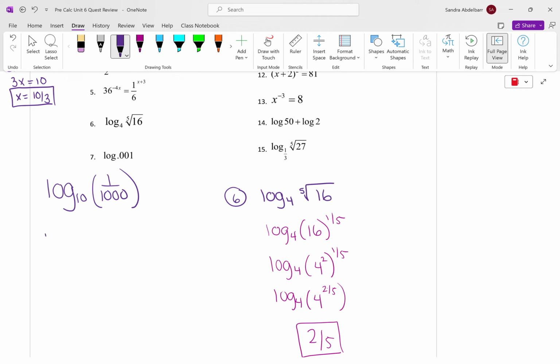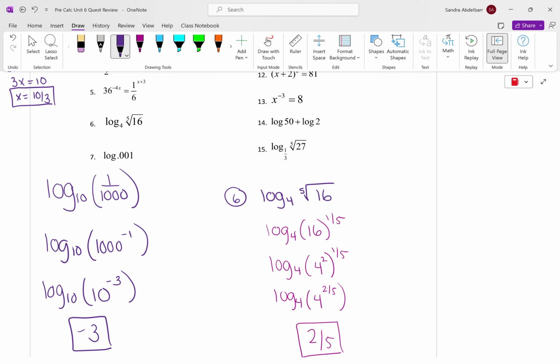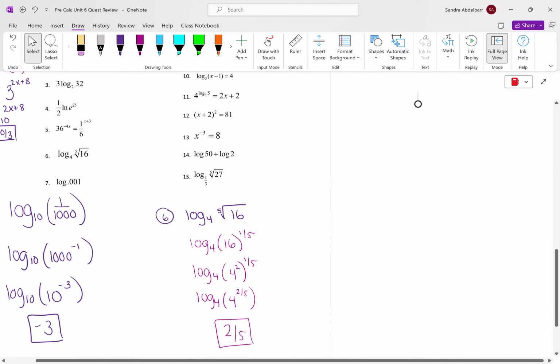Okay, so right now I have 0.001 is 1 over 1,000. Well, that's the same as 1,000 raised to the negative first. But then I can change 1,000 into a base of 10. So this is going to be 10 raised to the negative third power. And is this a shortcut? Yep, it's negative 3.